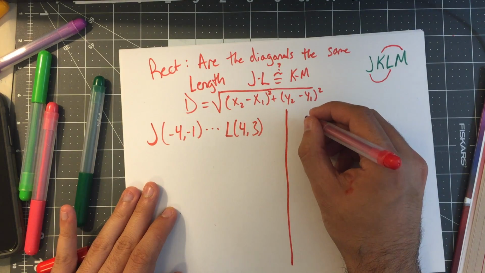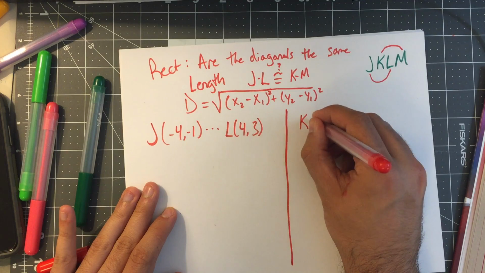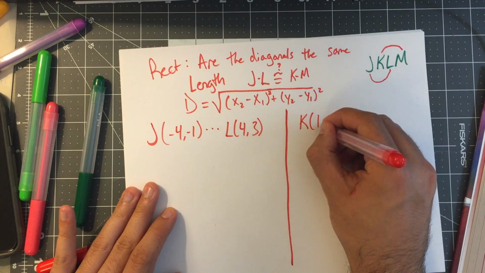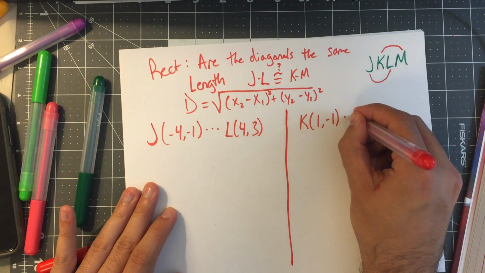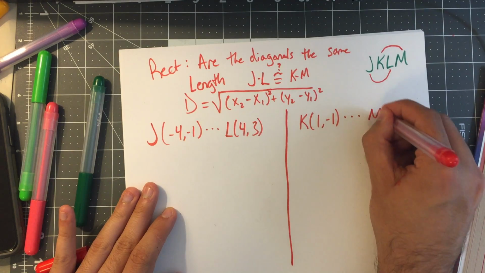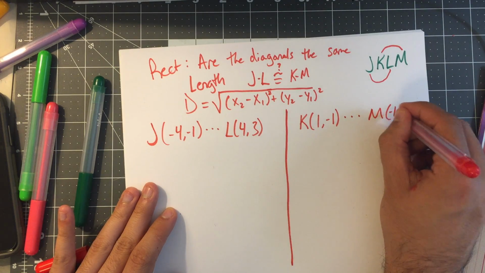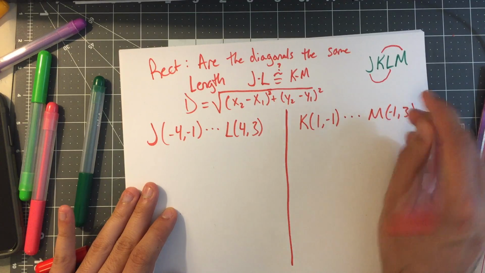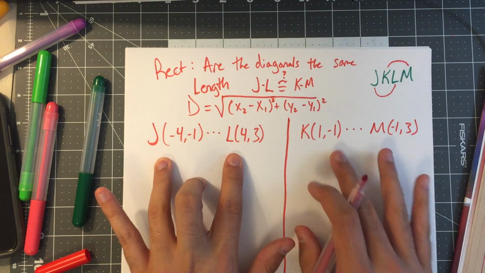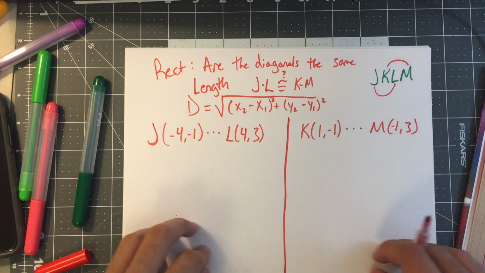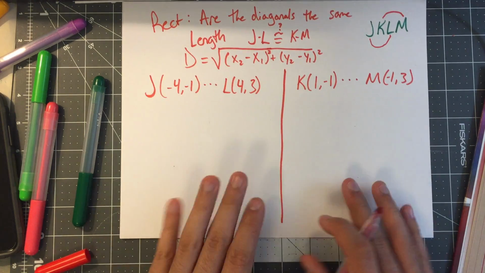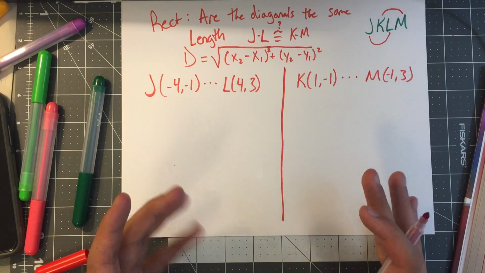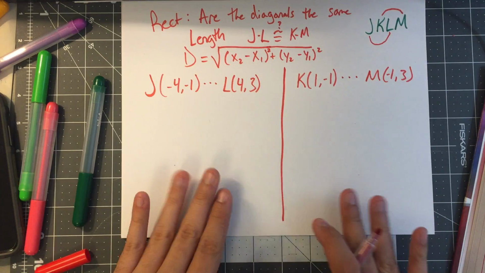And then from K, (1, -1), over to M, (-1, 3). I'm doing this distance and this distance, and I want them to be the exact same thing. I don't really care what the number is; all I care about is that I get the same number.